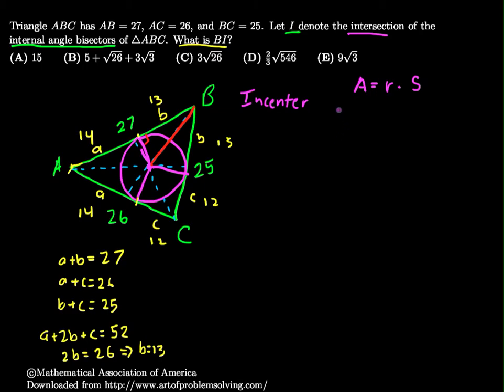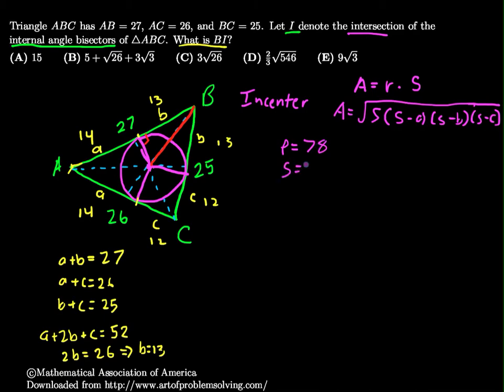Okay. I also know from Heron's formula that the area is equal to the square root of the semi-perimeter multiplied by the semi-perimeter minus A, semi-perimeter minus B, semi-perimeter minus C. The semi-perimeter is half the perimeter, so let's see, 27, 52, 78. So the perimeter equals 78.